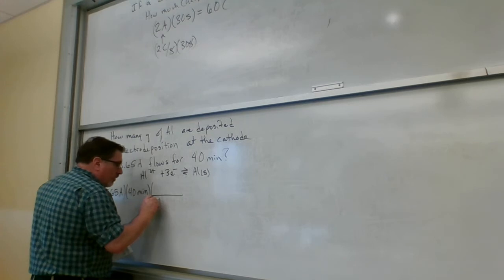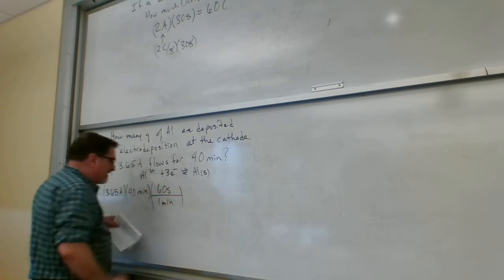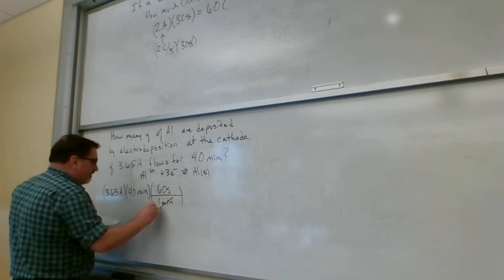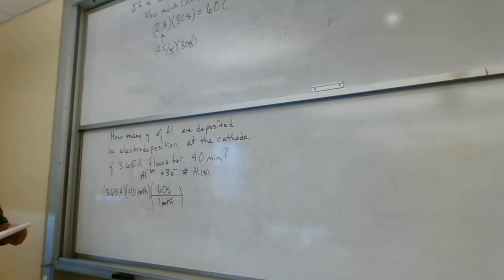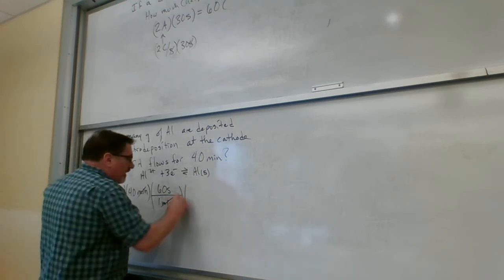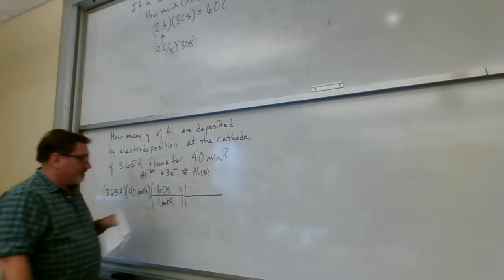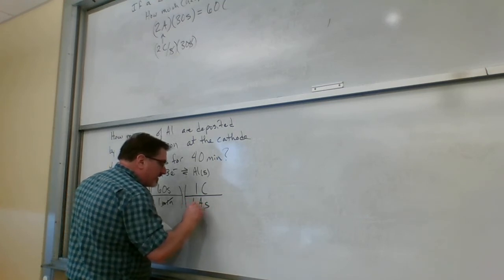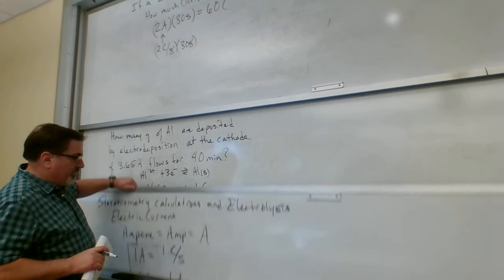So we want 1 minute is 60 seconds. That gets us into seconds. Our minutes cancel. Amp seconds, those are coulombs. Now this conversion factor right here illustrates that: 1 coulomb is 1 amp second, just like we had a bit ago.